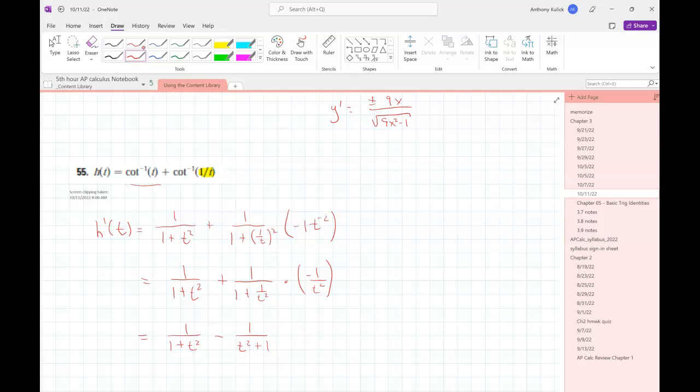Wait a minute, Mr. Gulick. Wait a second here. What is this that's just happening? Is this doing what I think it's about to do? If so, that feels like pretty crummy of you to assign a problem like this. Did that just simplify down to 0? I think it did, folks. I think it did.